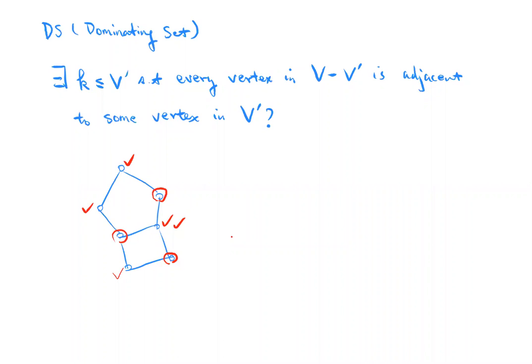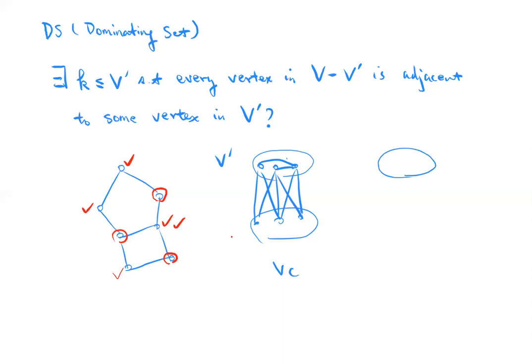If I make a comparison between vertex cover and this one: vertex cover, the vertices cover all edges. So there may be edges on this side. And for dominating set, maybe it's on this part. Does not matter.